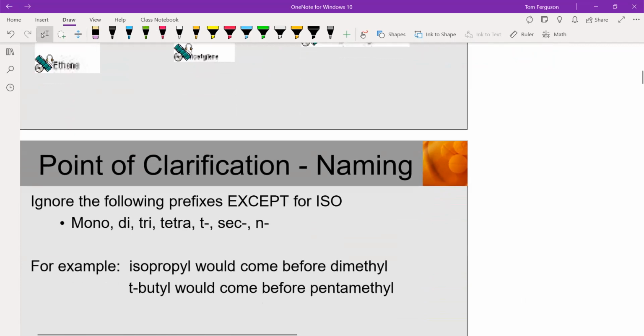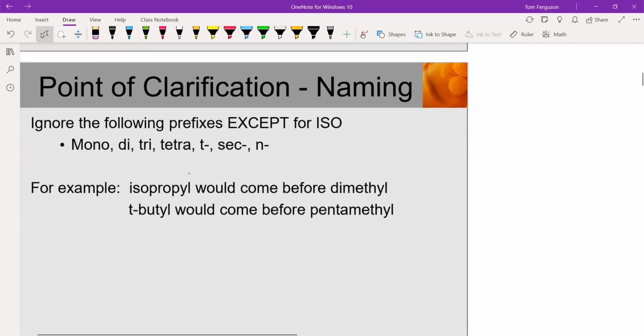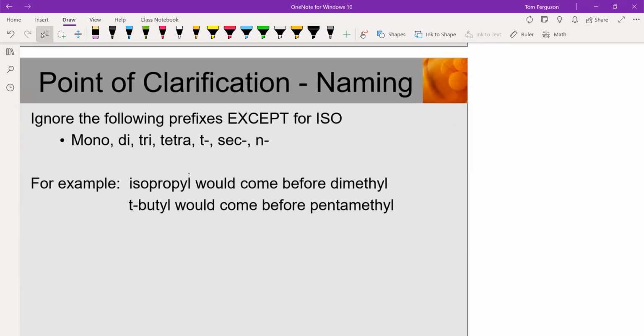All right. Yes, last lecture we talked about naming of the alkanes, and we talked about dimethyl. In terms of alphabetizing, the di doesn't count.